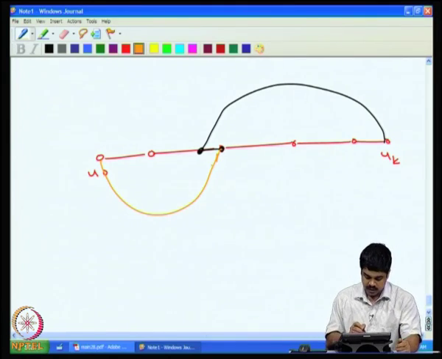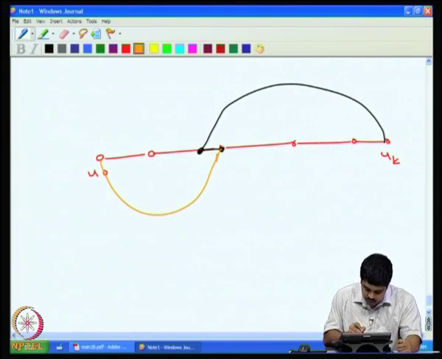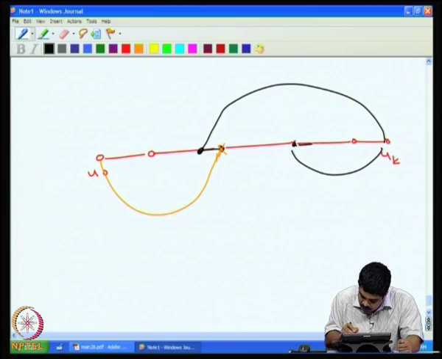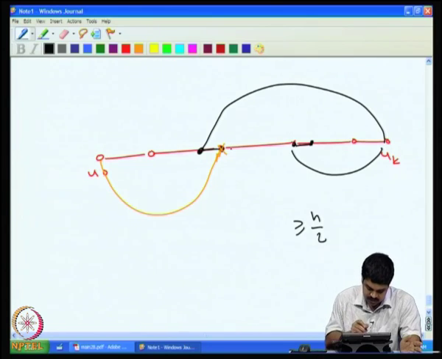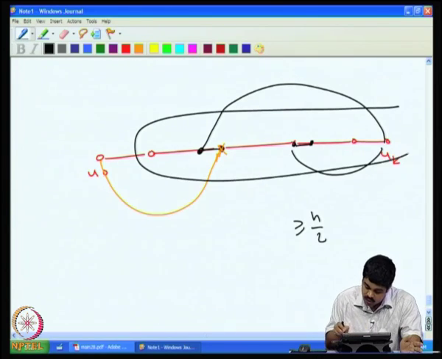Suppose it is not there, then U0's neighbors should be avoiding all these places which are just after the neighbors of UK, right. That means they are avoiding greater than or equal to n by 2 places from the n minus 1 available places for them.